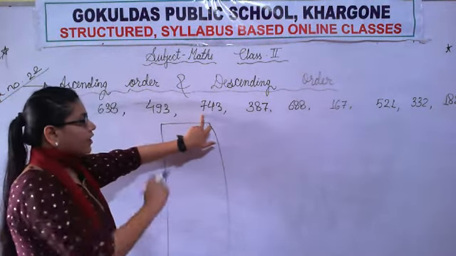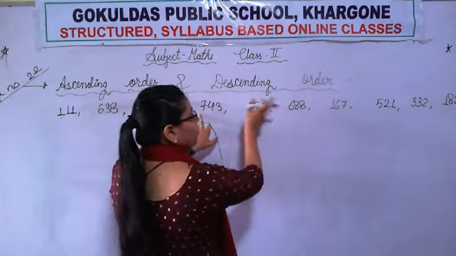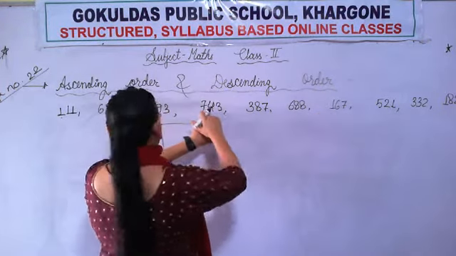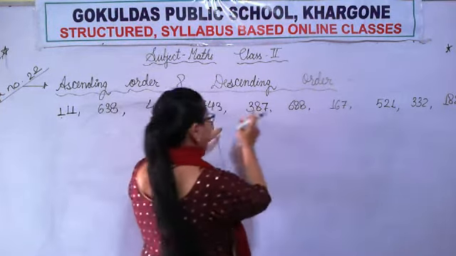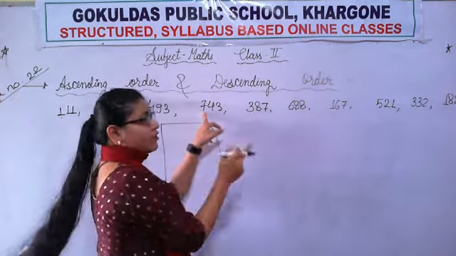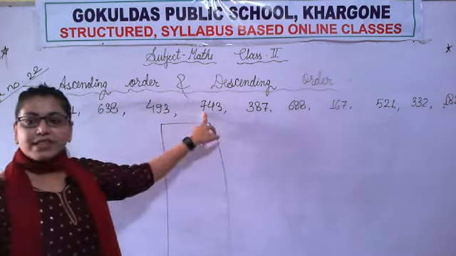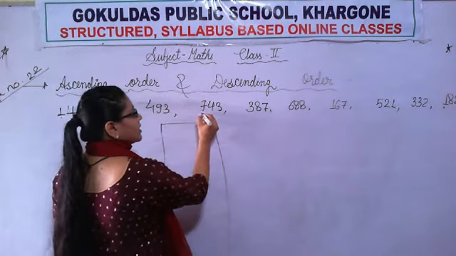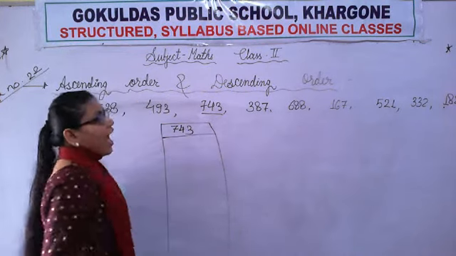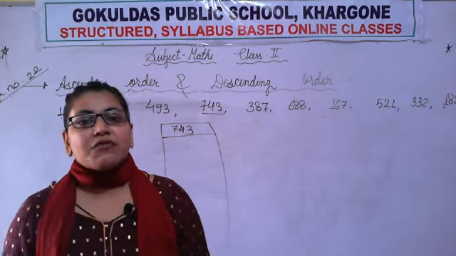Now we'll compare the others with the 7. 3 or 7, which one is higher? 7. 6 or 7? 7. 1 and 7? 7. 5 and 7? 7. 3, 7? 7. This one and 7? 7. So it means this 743 is the highest value.